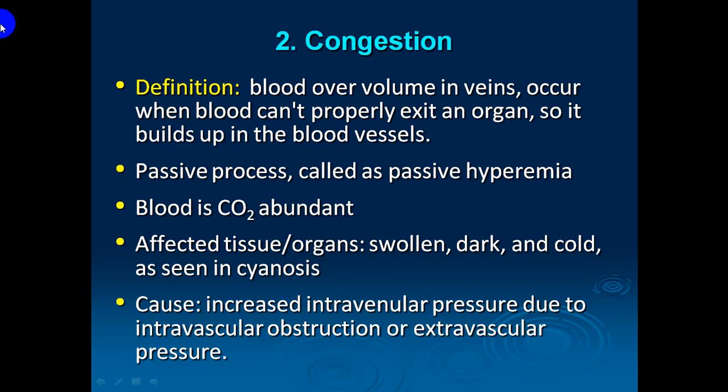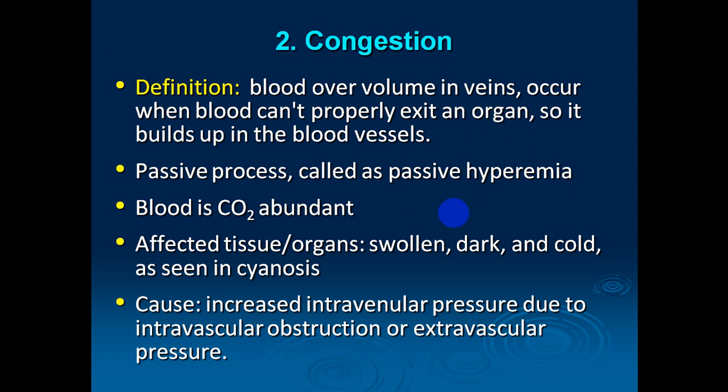Next is about congestion. Congestion is also an over volume of blood, but the blood is not located in the artery. If we talk about congestion, the over volume of blood is located in the veins. This is also a passive process. Why?